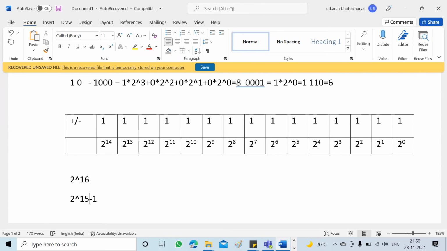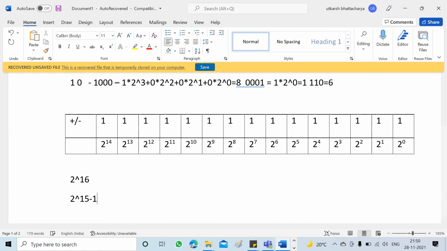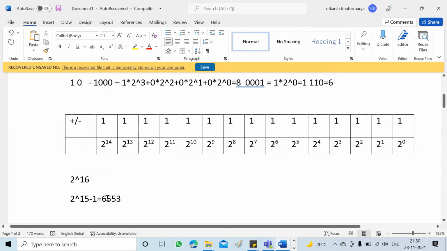Therefore, how much data can be stored in a 16-bit system? If you calculate this, you will know. And the value of this is going to be 65535, I think.